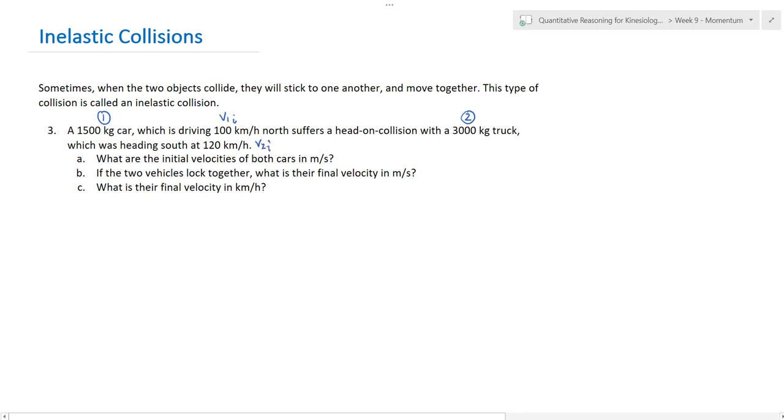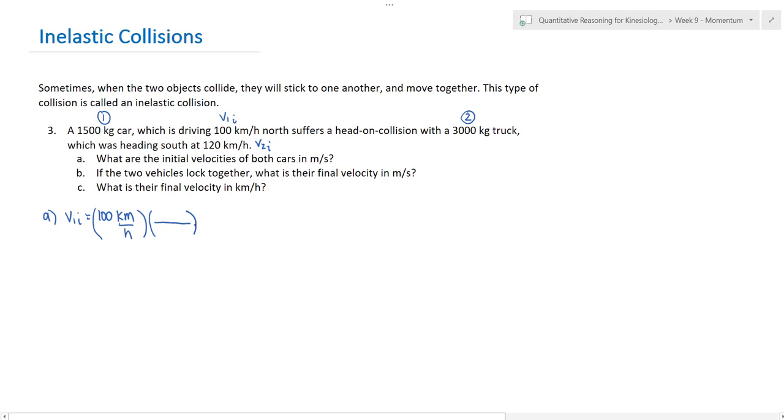So this is before the collision. So let's change those V1 initial and V2 initial to be in meters per second instead of kilometers per hour. So part A, V1 initial is 100 kilometers per hour, and we're just going to change it to meters per second. So we're going back to what we learned in lecture 1.